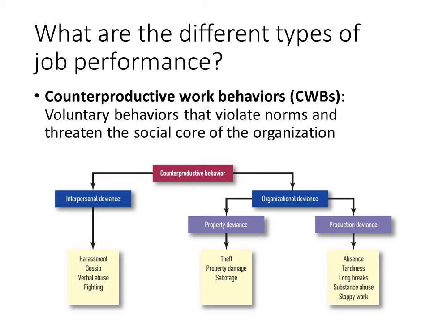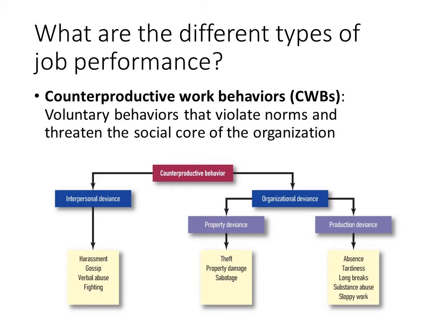One category of CWBs is called interpersonal deviance and includes things like gossiping and fighting in the office. The other category is called organizational deviance. Things like stealing property, sabotaging business operations, or showing up late, leaving early, taking long breaks.